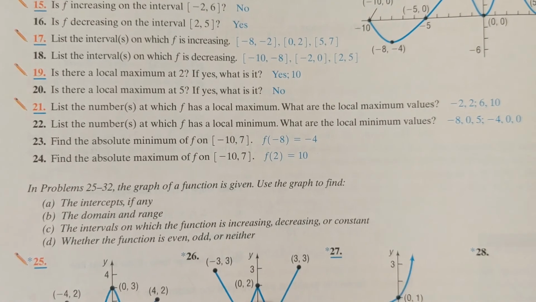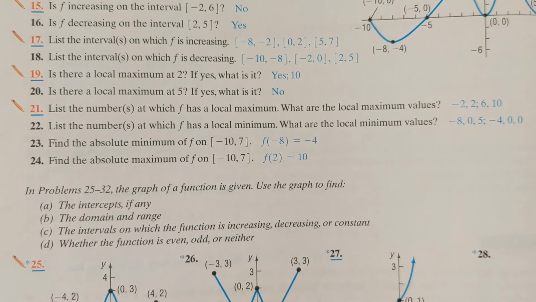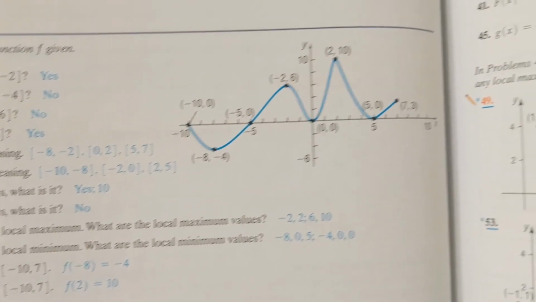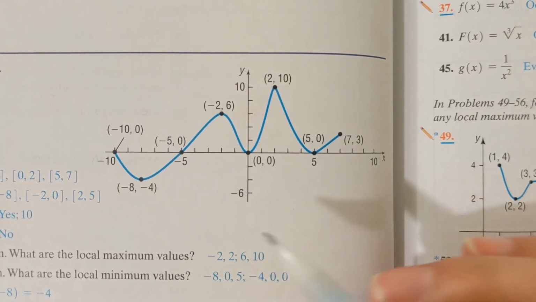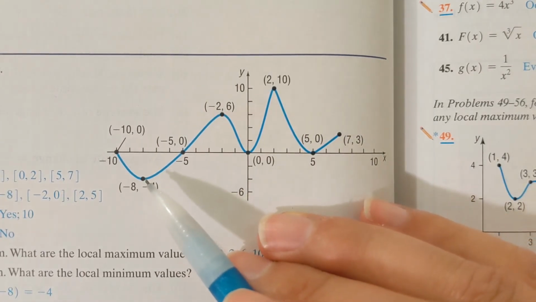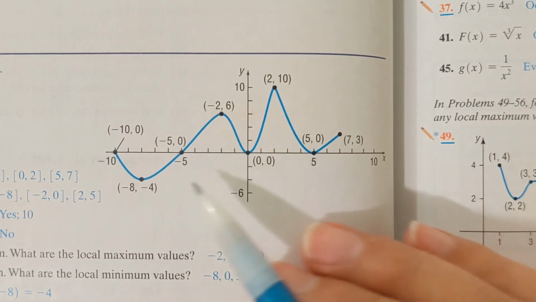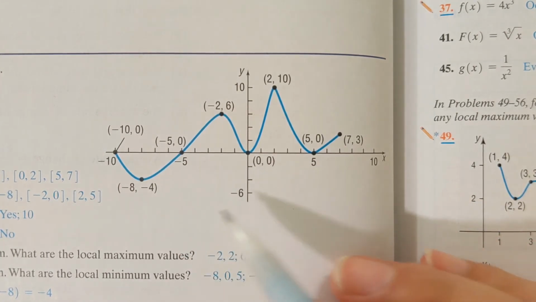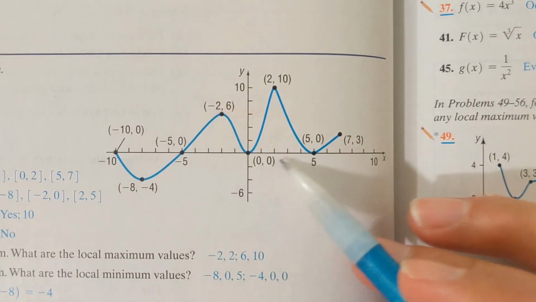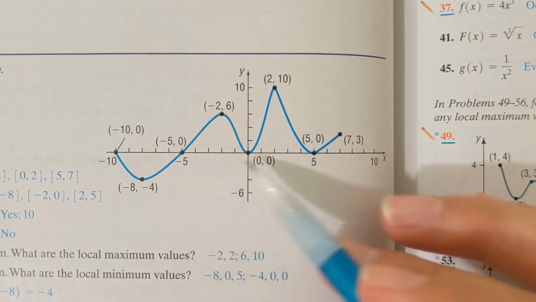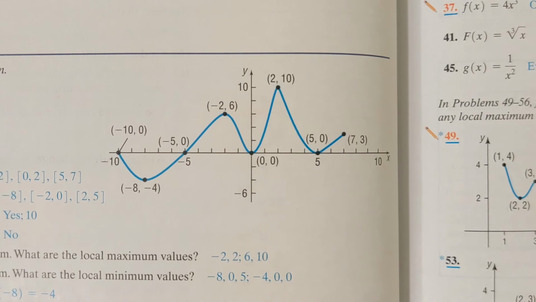List the numbers at which f has a local minimum, and what are the local minimum values? We have a local minimum at -8, -4, 0, and 5. The values would be the y values. So at -8, -4, at 0, 0, at 5, 0. So -4, 0, and 0 would be the values.